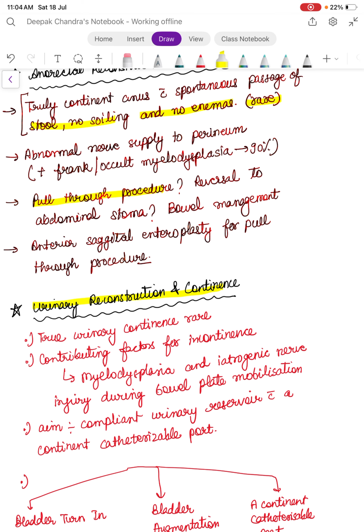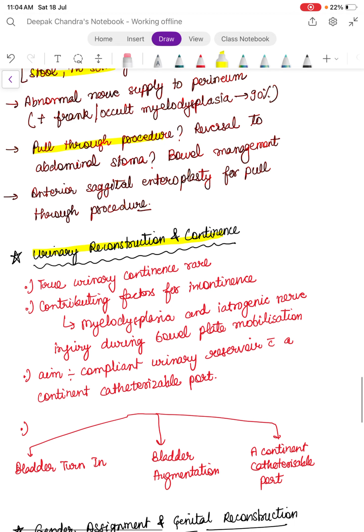The aim is to achieve an adequate urinary reservoir with a continent catheterizable port, which can be done either by bladder turn-in or by bladder augmentation, where various parts of the bowel, or a duplicated bowel segment, can be used, or there are reports of using stomach also. So cystoplasty, and then the continent catheterizable port, in the form of appendix, or dilated ureters, or ileum. So these can be used.